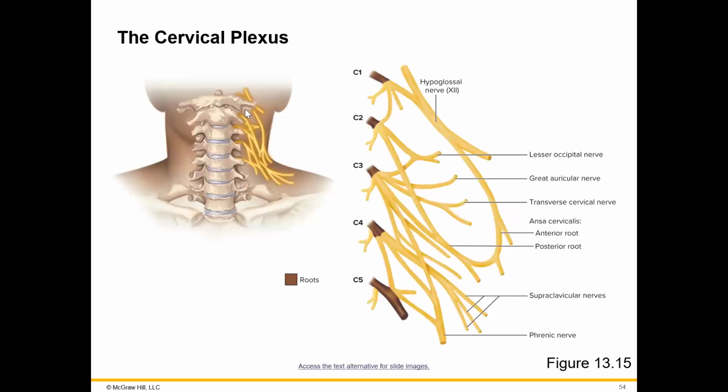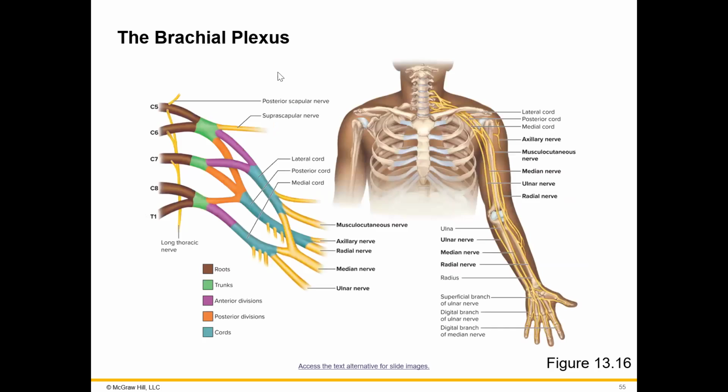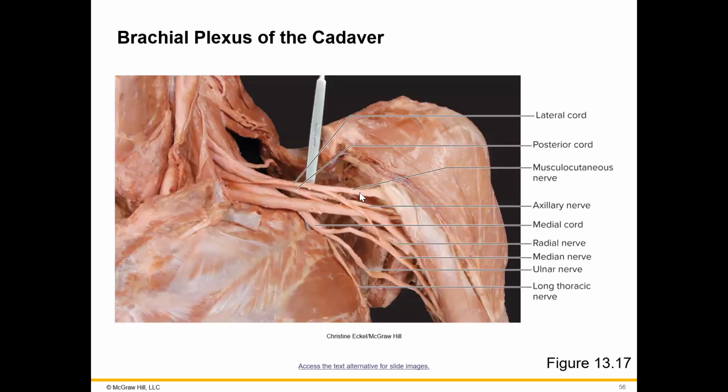That's your cervical plexus extending from C1 to C5. Then there's the brachial plexus extending from C5 to T1. So that is your brachial plexus.